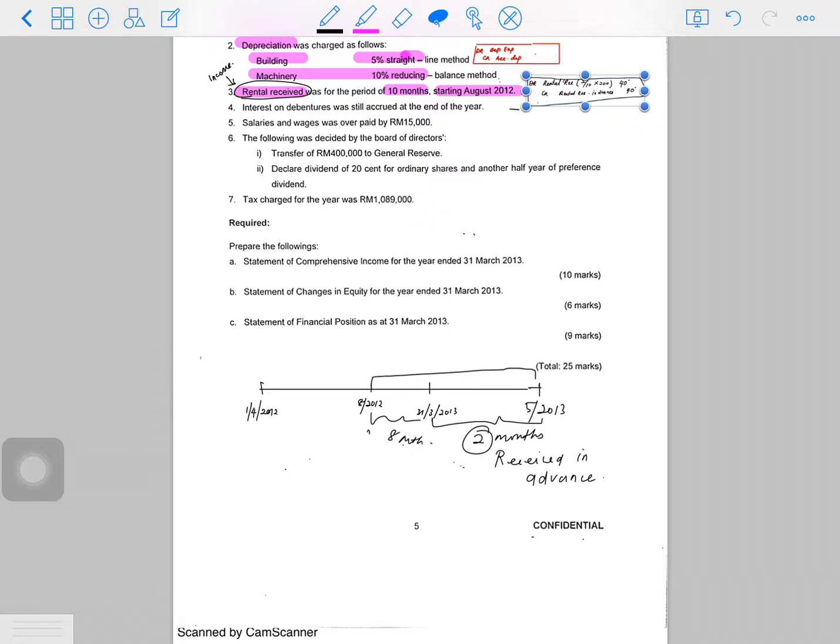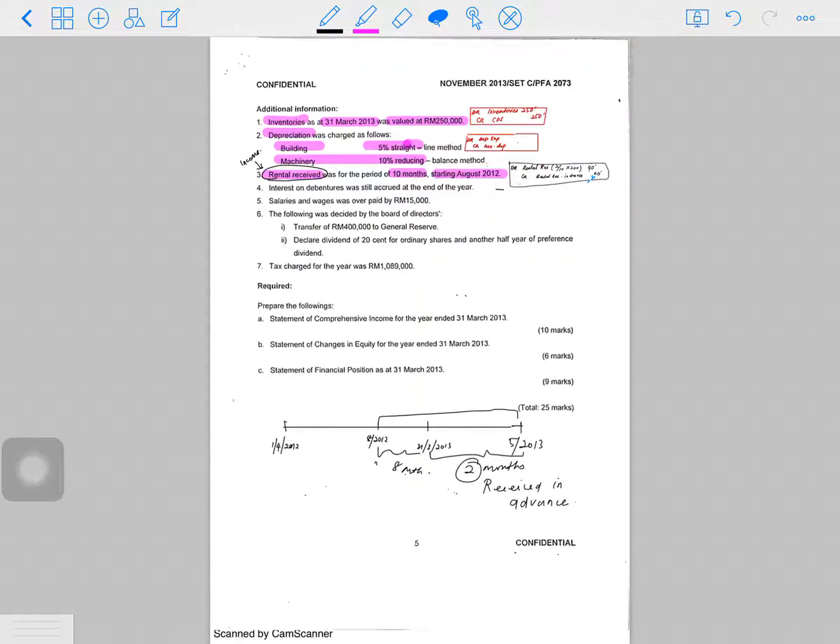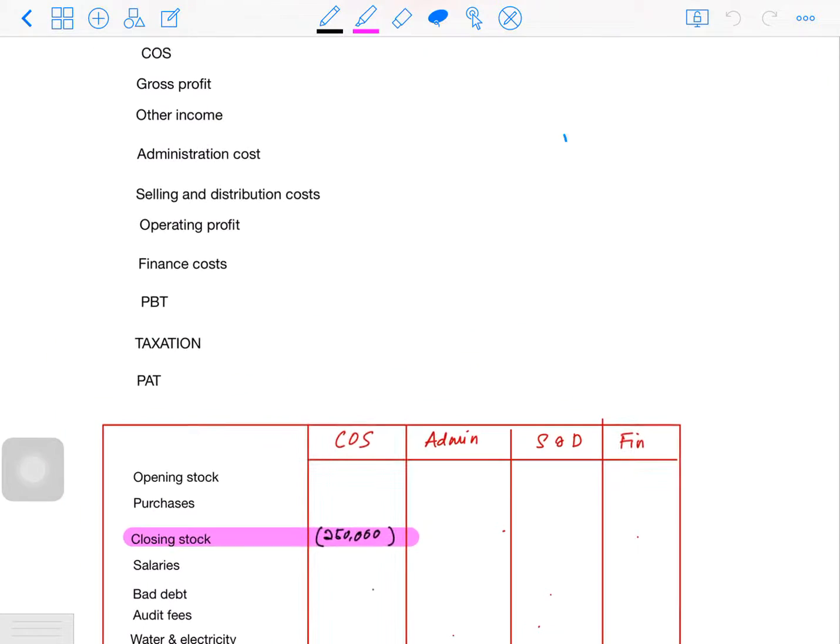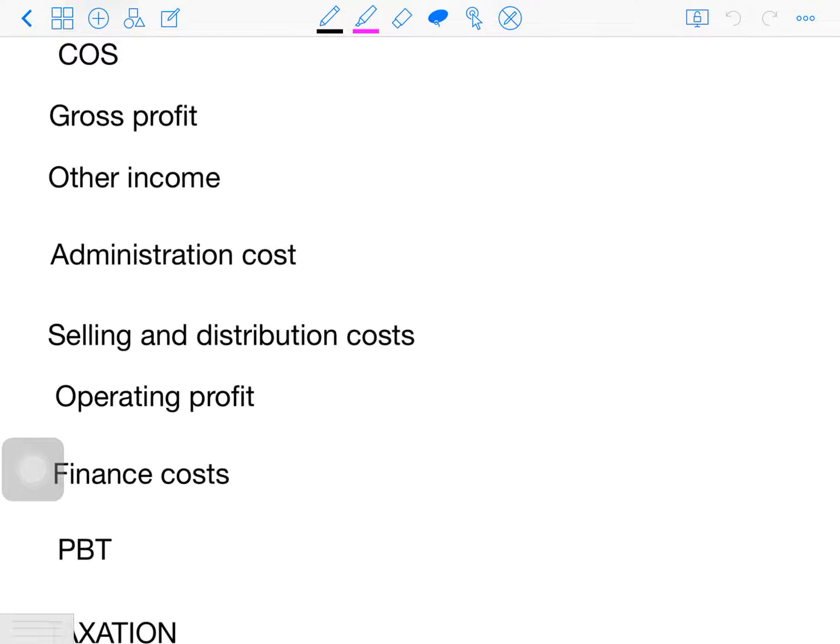So that means debit rental received. Rental received should be under here, other income.